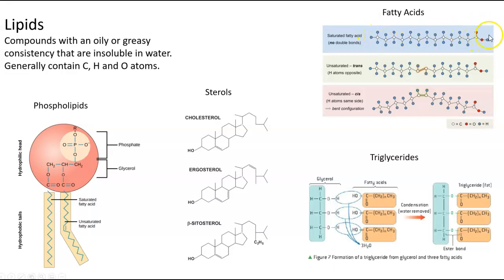And at the end we have this carboxyl group that we talked about in this lesson before the break. It's a carbon with a double bond to an oxygen and another oxygen with a single bond, and to that one you have a hydrogen atom. So this is the acid part and this is the chain.